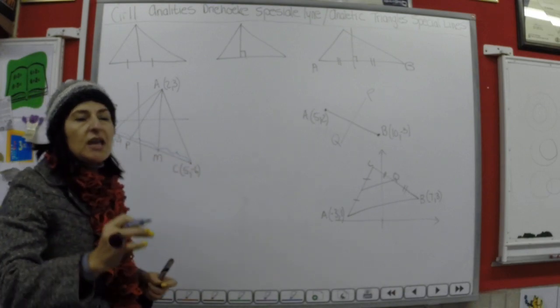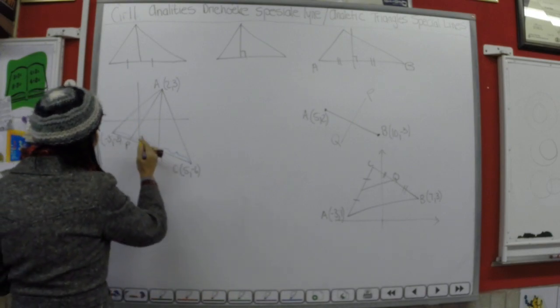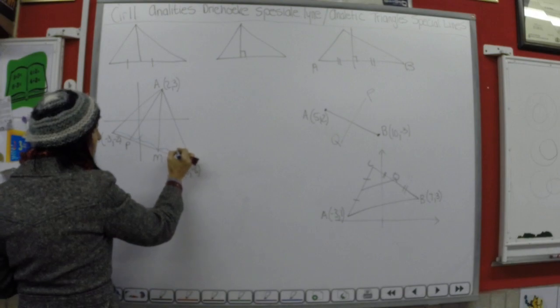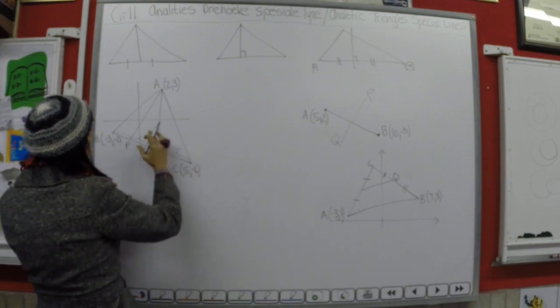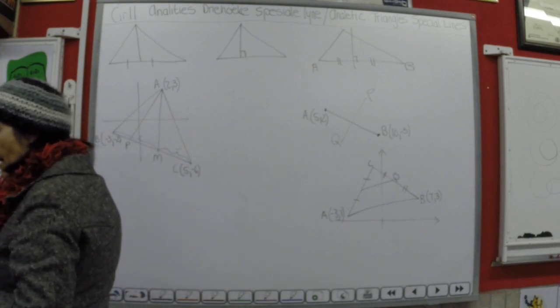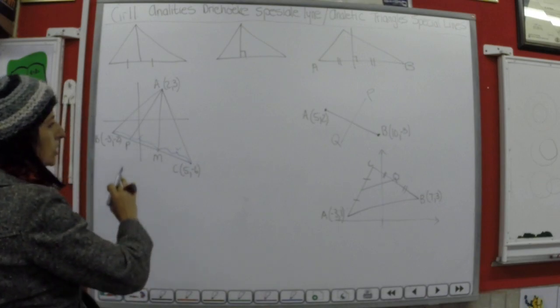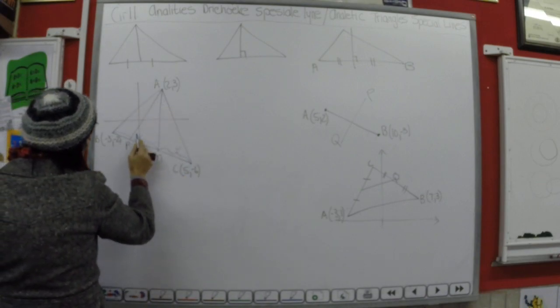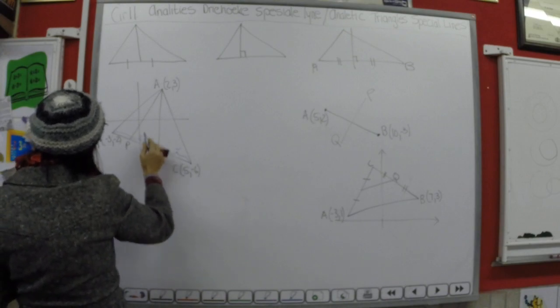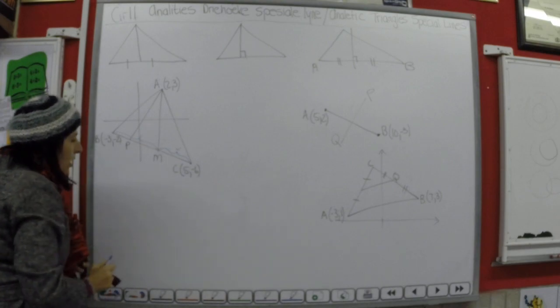Onthou, a picture is never ever drawn on scale. So although it doesn't look that those two are equal to each other, because of the mentioning of this to be a median, you must know, according to what's been told, that this line intersects this side into halves.